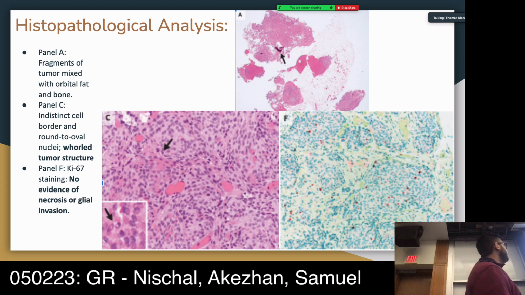Then panel F shows the proliferation of the tumor, and they were trying to see if the cancer was benign or malignant, and they found that there was no necrosis or glial invasion, which shows that the tumor is not malignant, but benign.